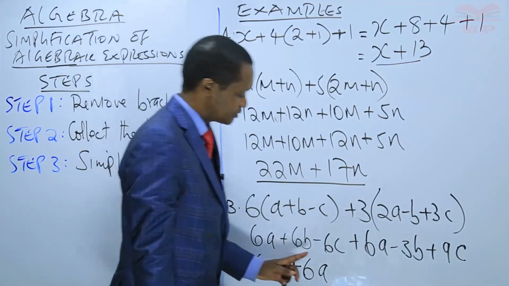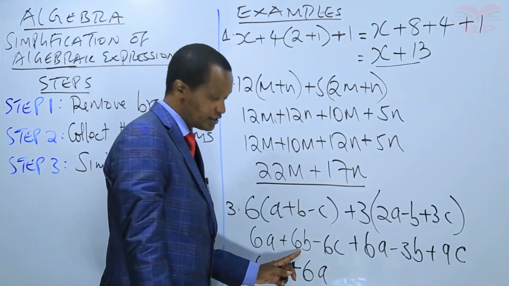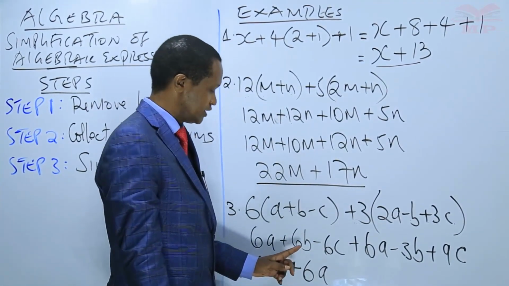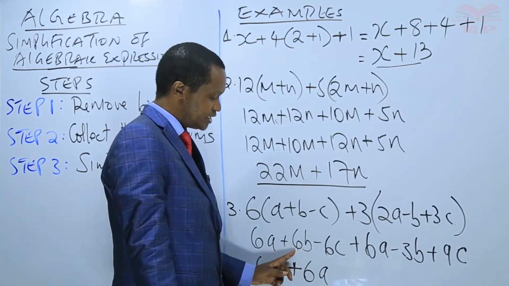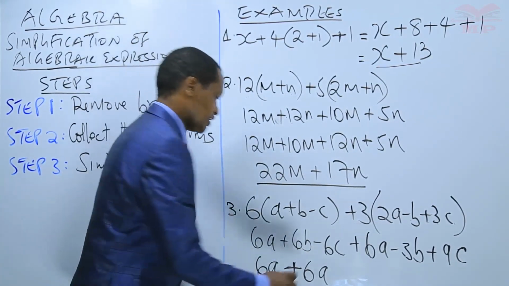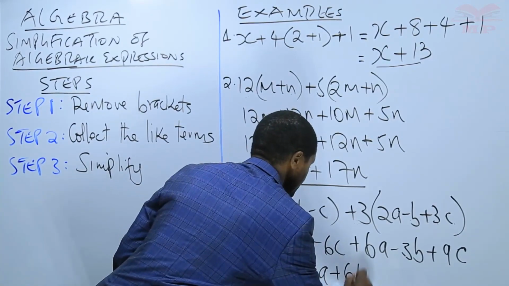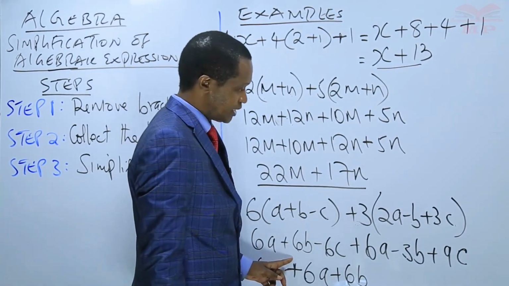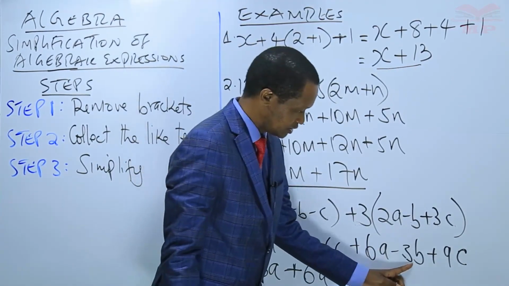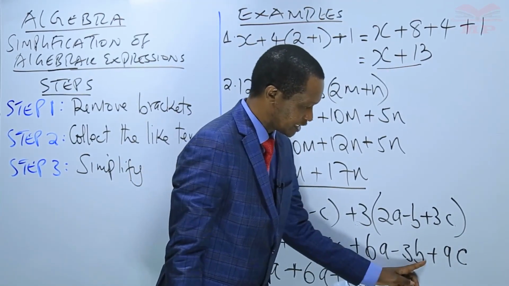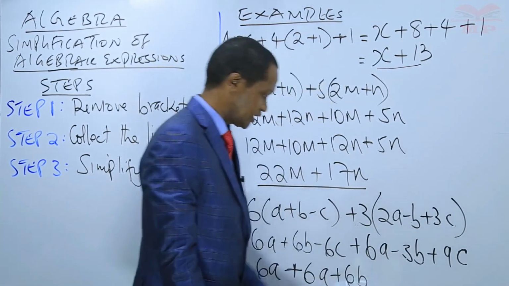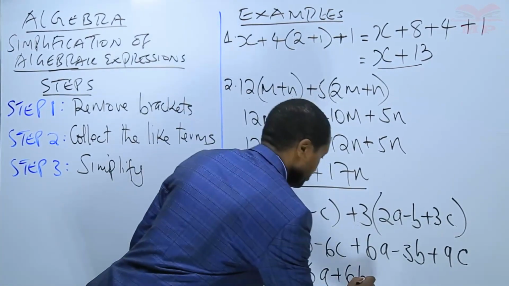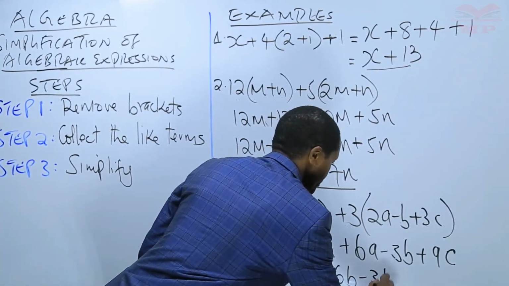Then we collect the terms that have letter B. We have 6b, and this 6b has a positive sign. So we write plus 6b. Which other term has letter B? This one, 3b. But before this term, there is a negative sign. So we collect the negative sign, minus 3b.